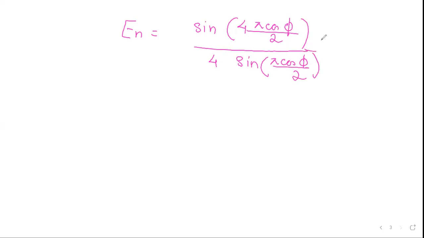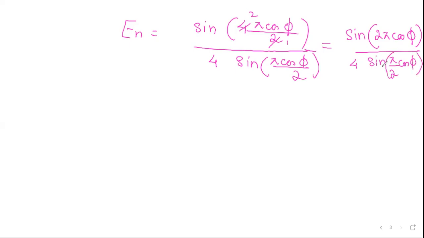Is everybody okay with me writing like this? Then I will do the adjustments. I will get sine 2 pi cos phi upon 4 sine pi by 2 cos phi. I hope it is visible.